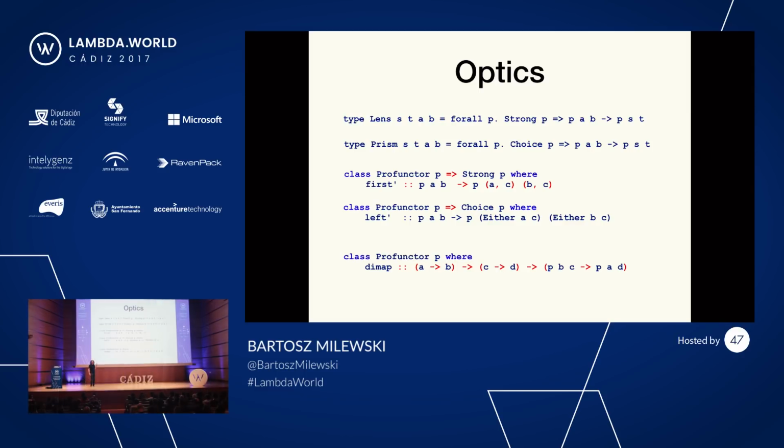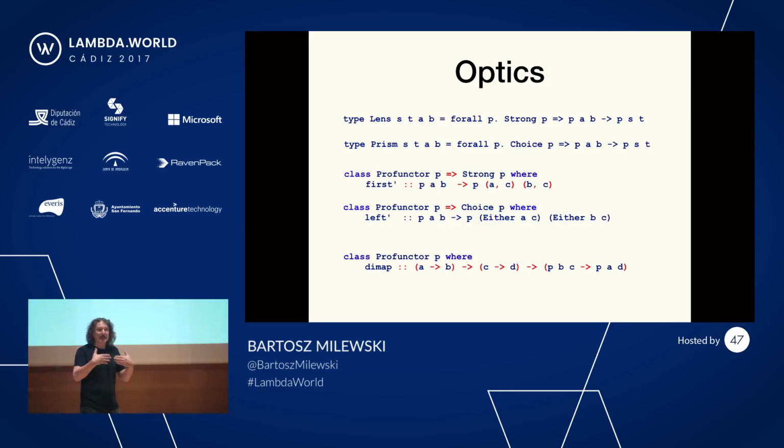So if you have two functions like these, one going from P A B to P S T, and another that goes from P S T to some R Z, whatever, you can just compose them. And this is why lens is composed with this dot in Haskell, at least, because this is just simple function composition. So this is a great representation for composing lenses.